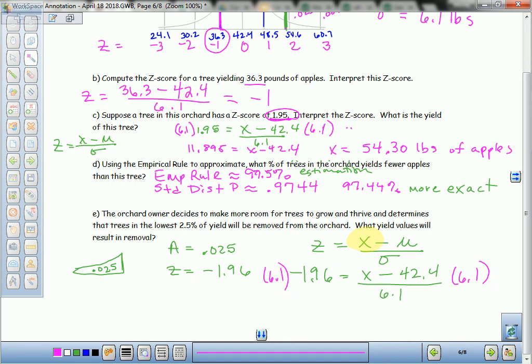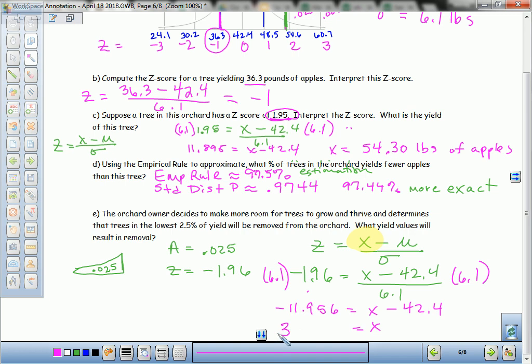Yes, you got to multiply and add 42.4. Okay. So we're going to do 6.1 times negative 1.96, and that gives us negative 11.956 equals x minus 42.4. So to solve, we would have to add 42.4 to that.